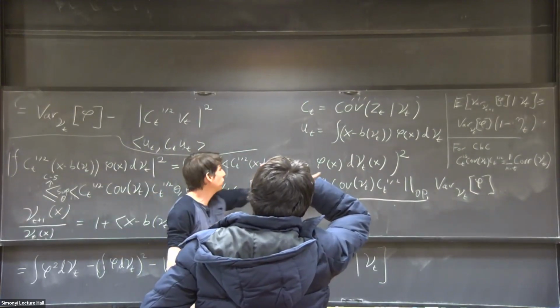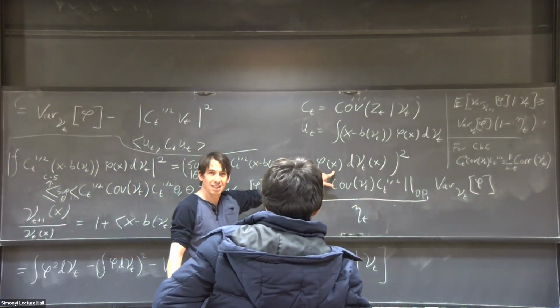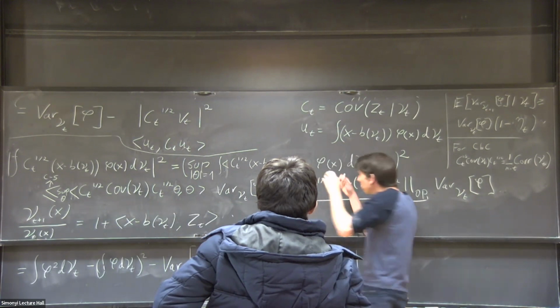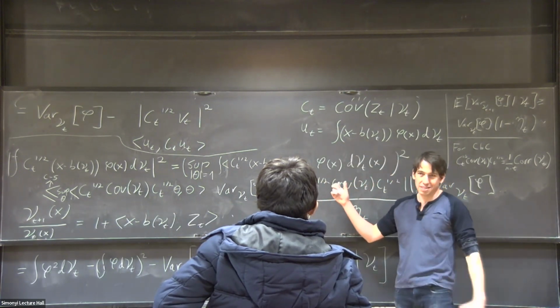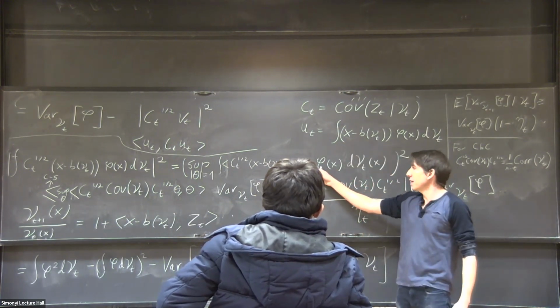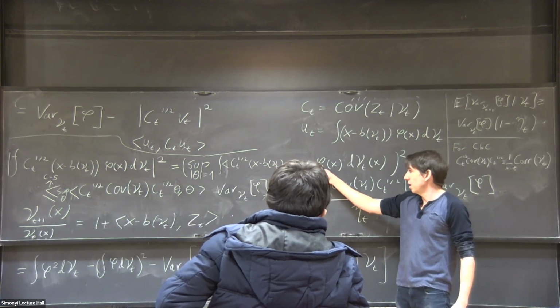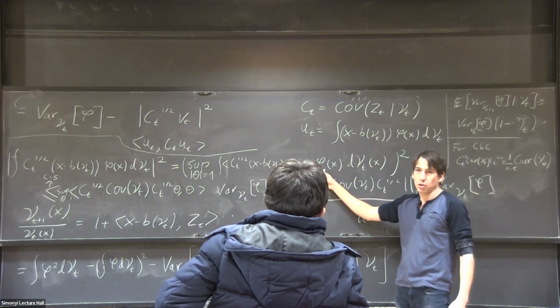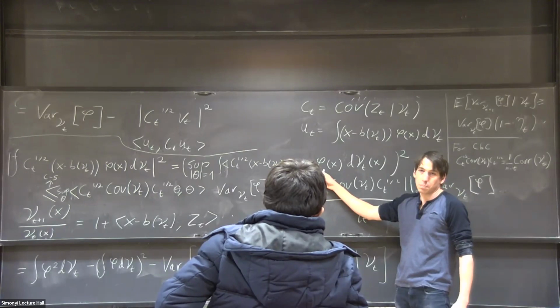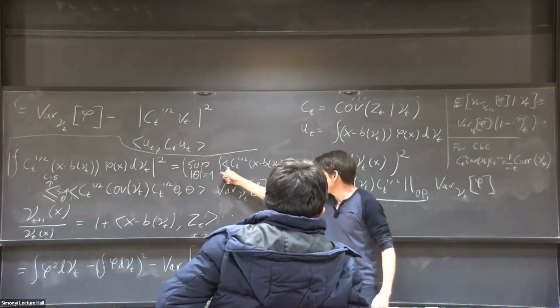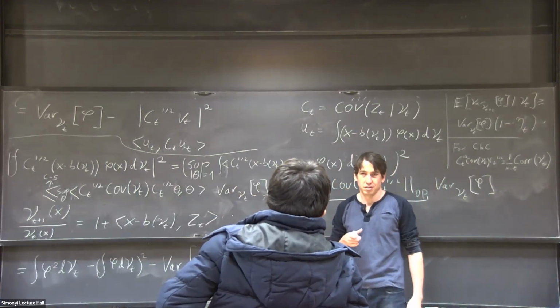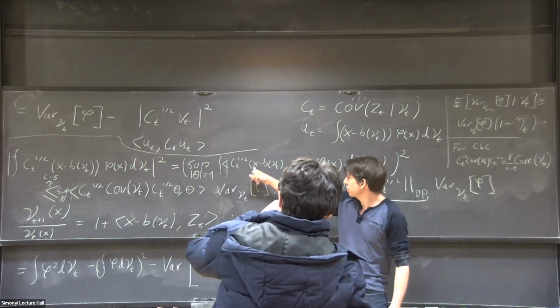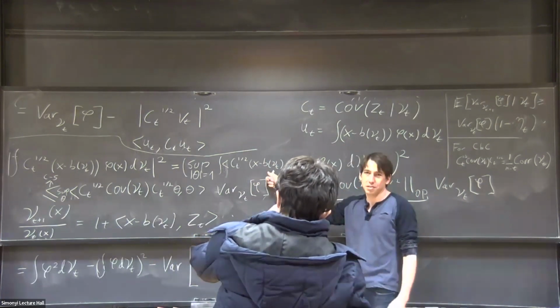I kind of half skipped a step here. I can take phi and add and remove any constant I want, simply because this integrates to 0. This integrates to 0 by the definition of the center of mass.